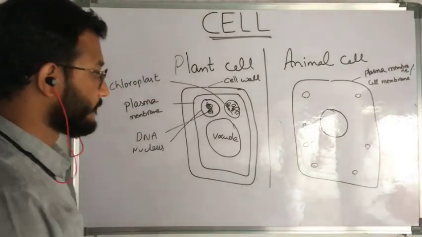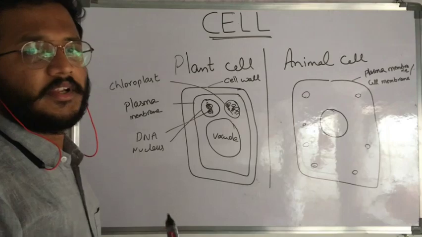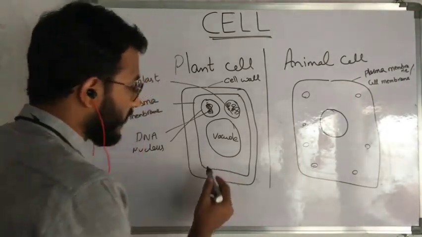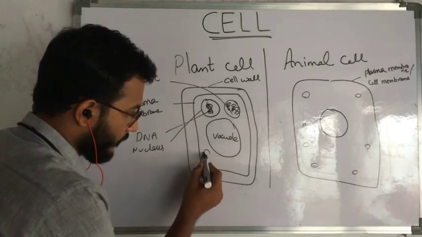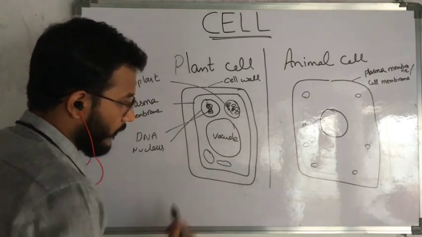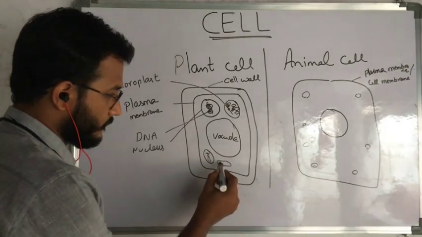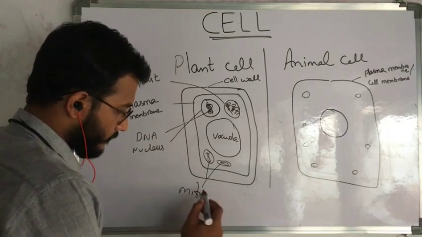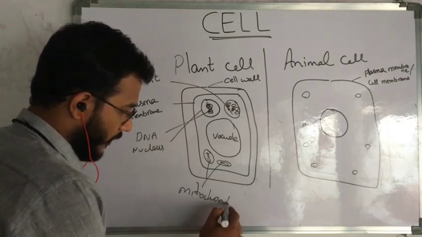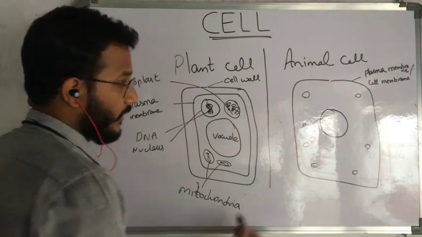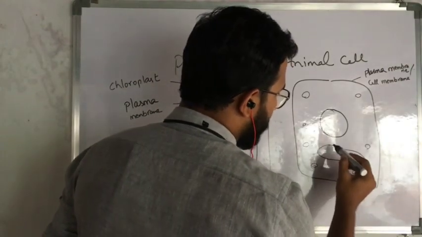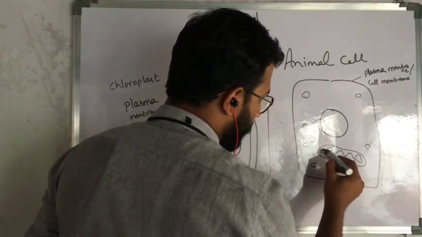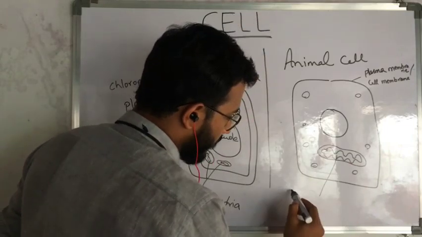Okay, another most important difference between these two. Here the mitochondria are spherical or oval, but here the mitochondria are tubular.